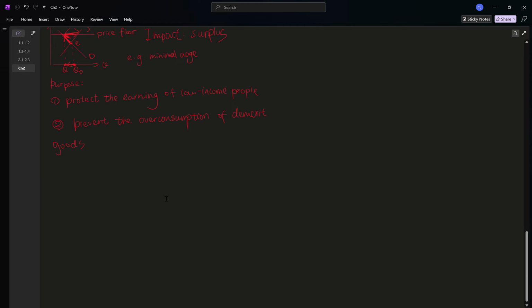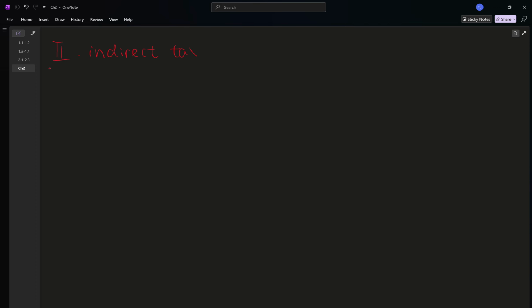So the second way to control we are talking about is indirect tax and subsidy. As we learned before, indirect tax increases the production costs, because you have to pay the tax, so the production cost naturally goes up.